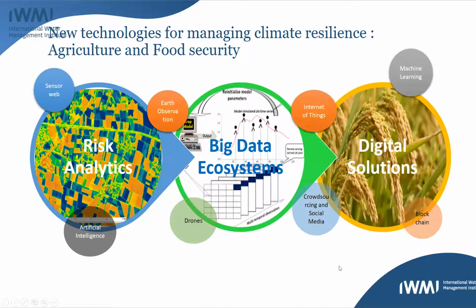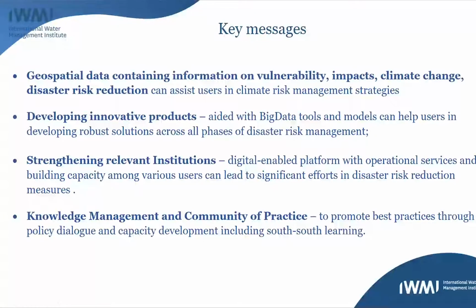Once we have that, we can clearly talk about a bunch of applications that can provide near real-time solutions for the policymaker, or at the community level, or for private sectors who are trying to invest there. So my key message here is that the future is much more about geospatial data.